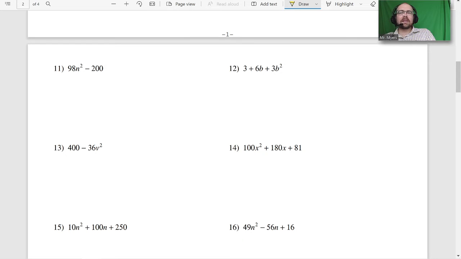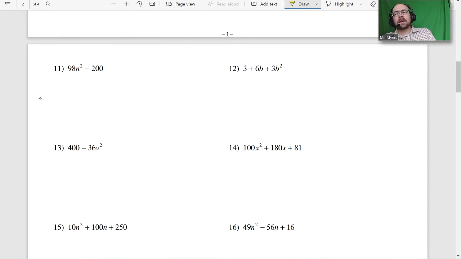Now we have a greatest common factor. So I was checking for a greatest common factor each time, but I can usually spot a greatest common factor pretty quickly, so I don't normally mention that, like, oh, hey, there's no greatest common factor here. I did for number 1, but after that I kind of just went with it. But for this one, there is a greatest common factor. If there is, you've got to pull that out first. Because right now, these are not square numbers. 98 and 200 are not square numbers.